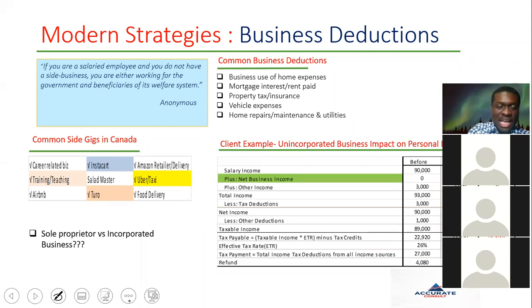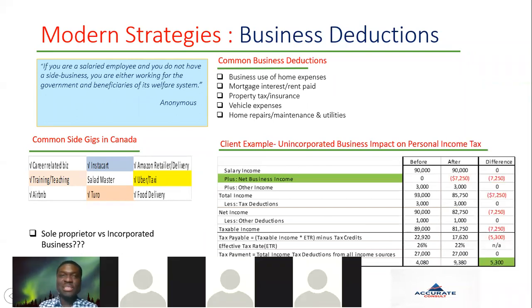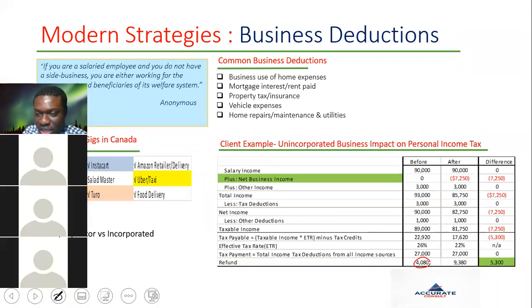For example, someone that just started a business and realized the business is struggling is a sole proprietor. Before applying the performance of the sole proprietor business to his taxable income, his refund was just 4K. Then, putting in the numbers of the business, it has a negative net profit of 7,250.